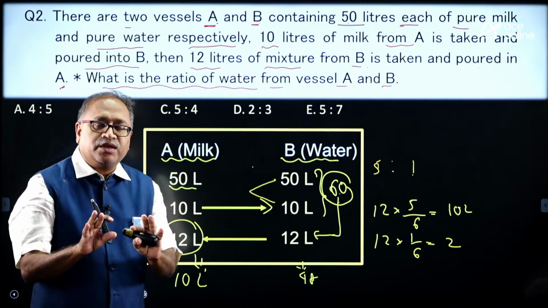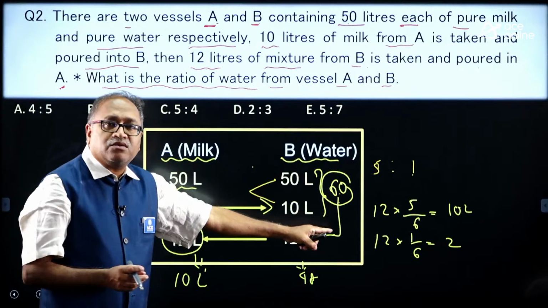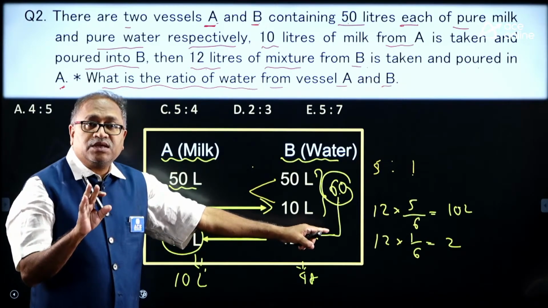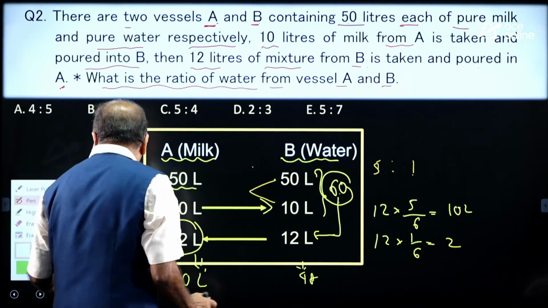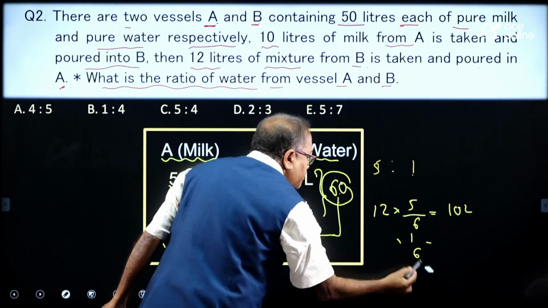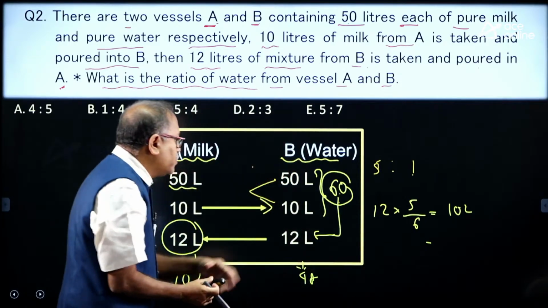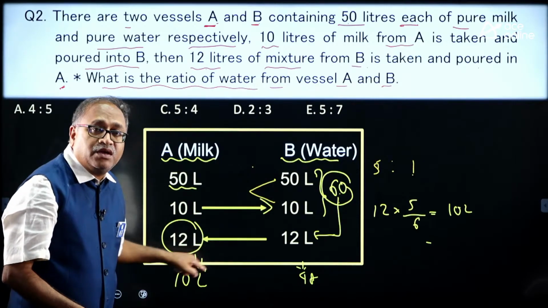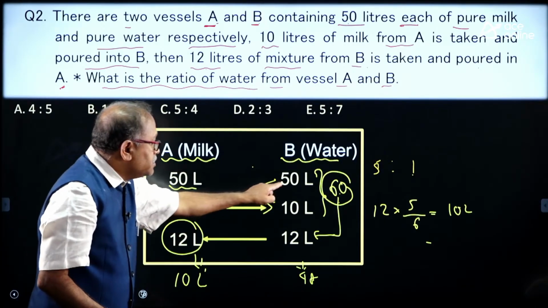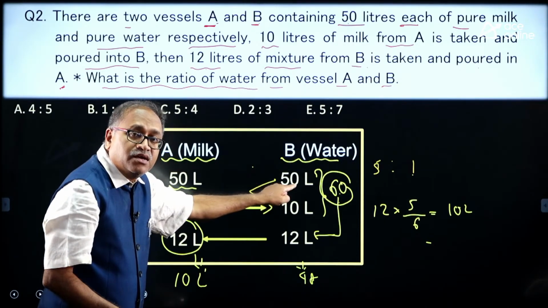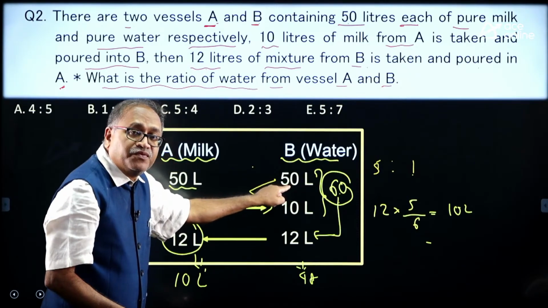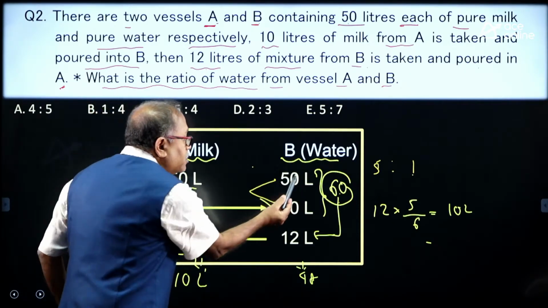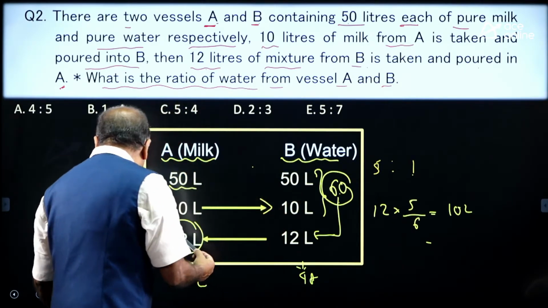So, that is 10, and how much water has gone? I am extremely sorry, I made a mistake in the second calculation. What is the mistake I made over here? How much water goes over here? 10 liters. If 10 liters of water comes from B to A, that means 10 liters of water is getting reduced from these 50 liters. So, how much water will be there here?